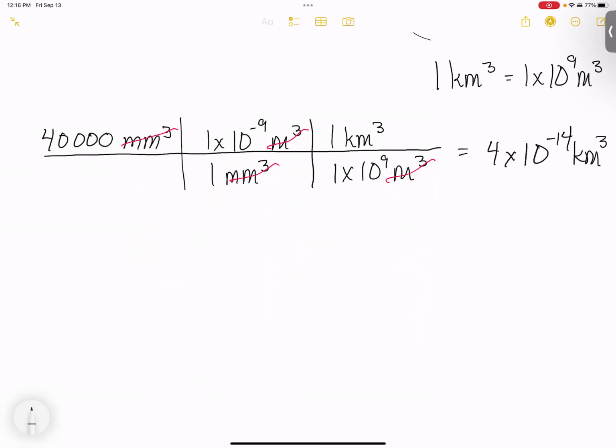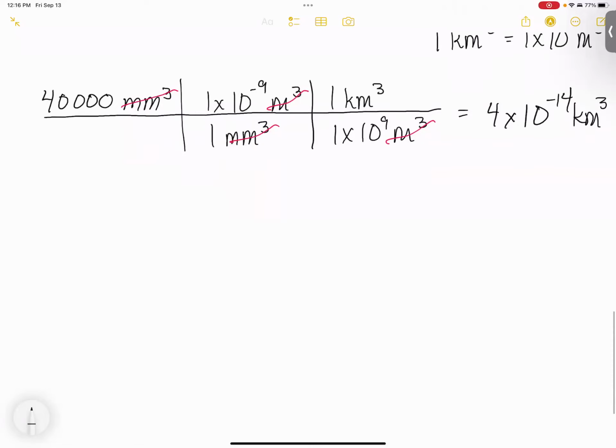The way I type it into the calculator, and I'll show you both directions because it depends upon the calculator you have. When I keyed this into the calculator, I keyed in 40,000 times 1, second, comma, -9, divide by 1, second, comma, 9.